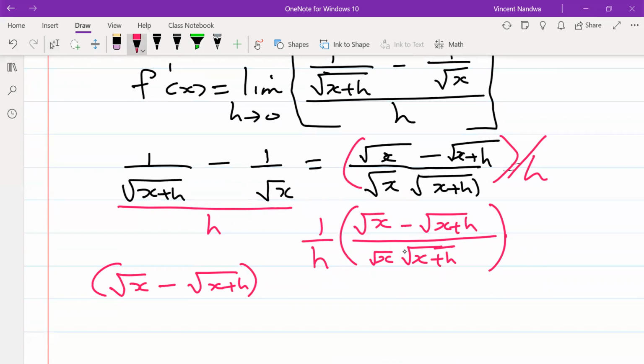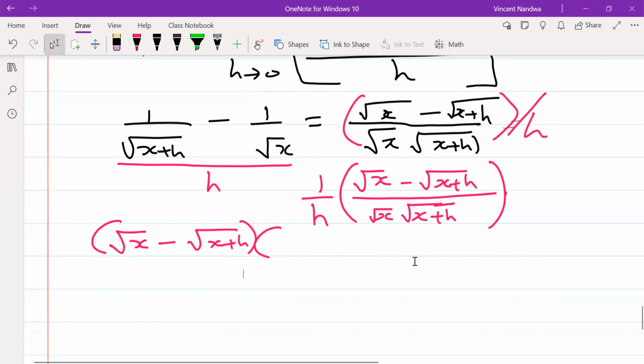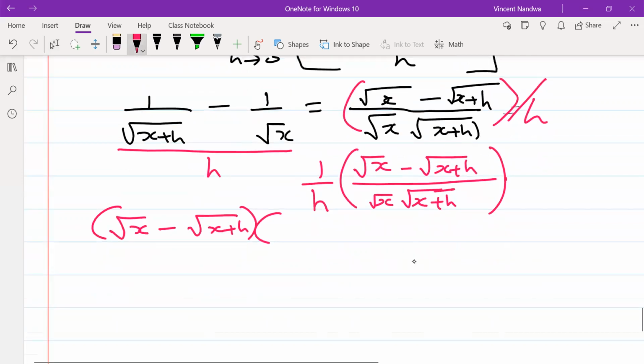Conjugate of this, you simply change the sign to plus. Do you remember how, if you are given, say, root 2 plus root 3?